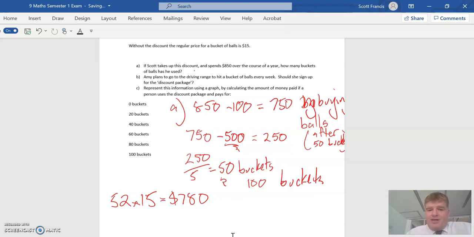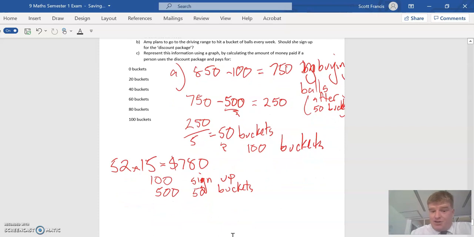Now, if she spends $100 sign-up fee, and then $500 on the first 50 buckets. She's only got 50 buckets at this stage. She's still got another 2.